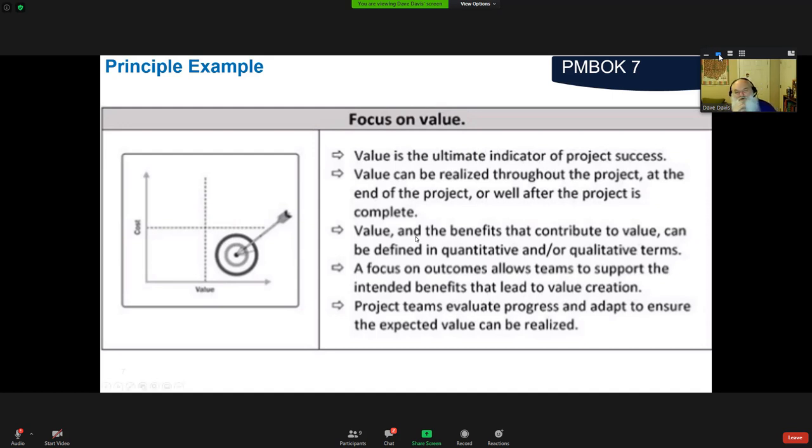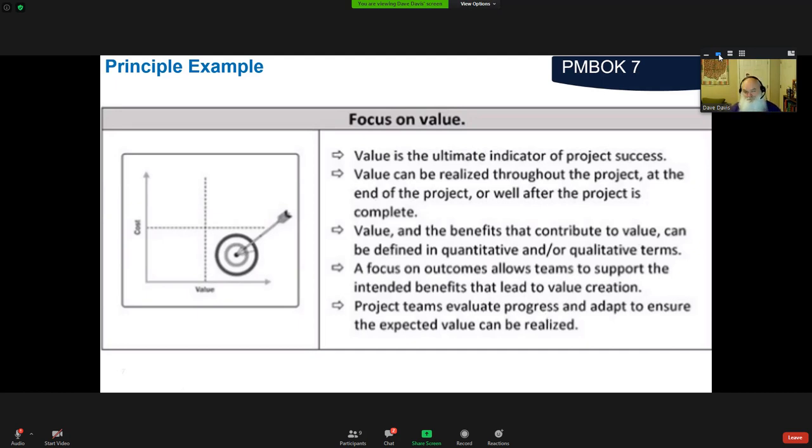So one of the principles, focus on value, and it gives you a little definition of what value is. Value can be realized throughout the project. Value and the benefits contribute to value. Focus on outcomes allows teams to support the intended benefits, and project teams evaluate progress and adapt to ensure the expected value can be realized.